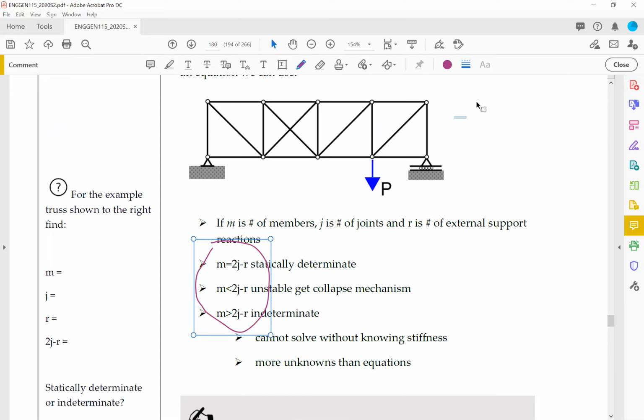M is equal to 1, 2, 3, 4, 5, 6, 18. J is equal to 10. And R is equal to 3.